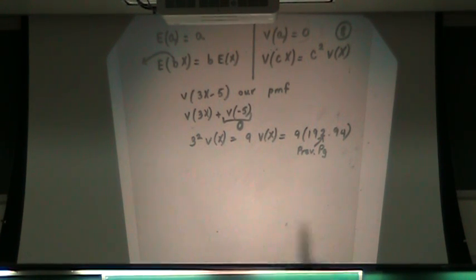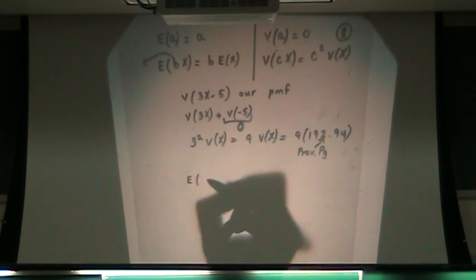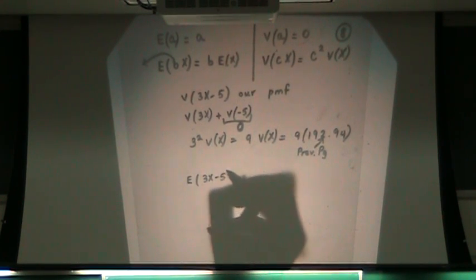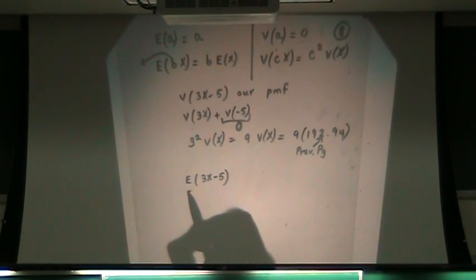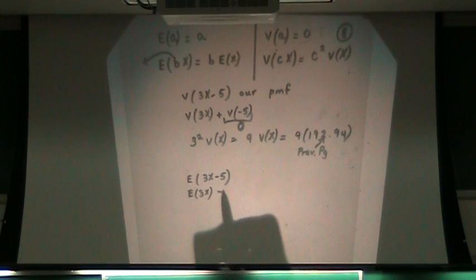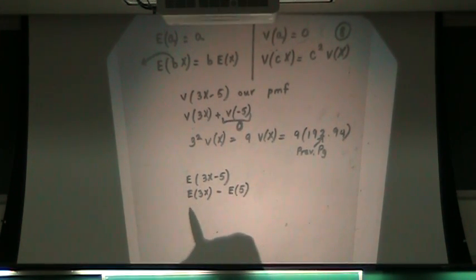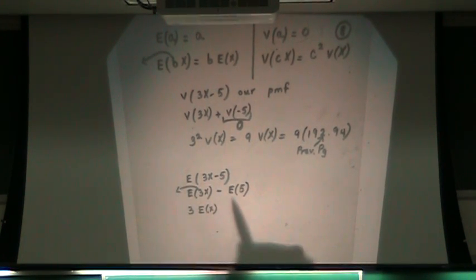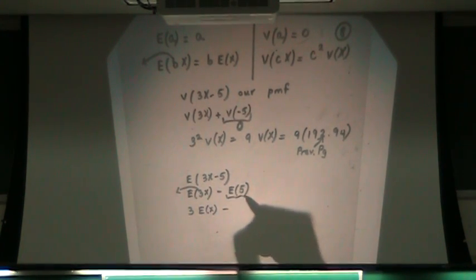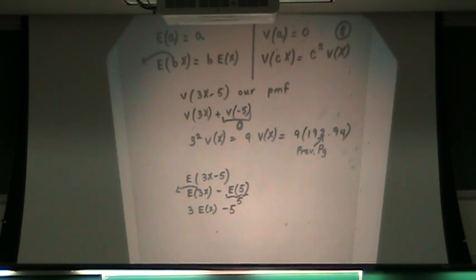Similarly, if I asked you for E of 3x minus 5, you would say this is E of 3x minus E of 5. E of 3x is 3 E of x. I pulled out the 3, that's all. Minus E of 5 is 5. What was my E of x for that function?